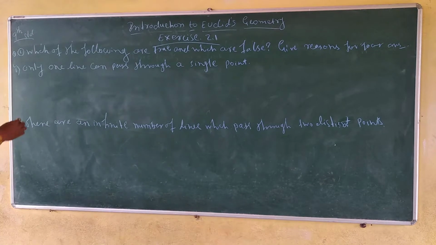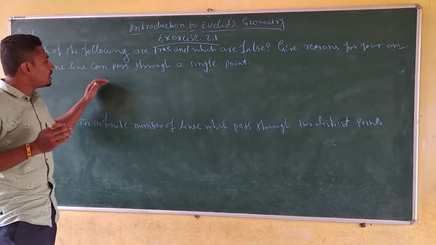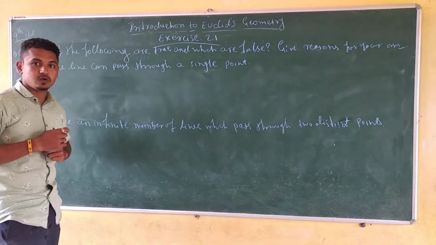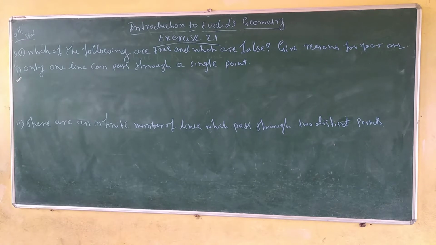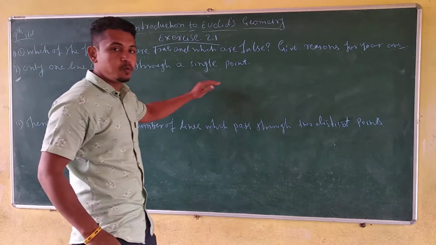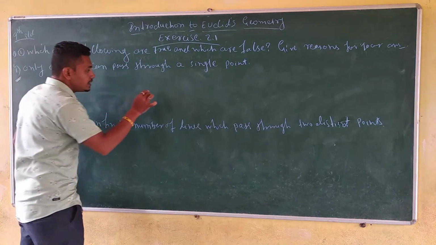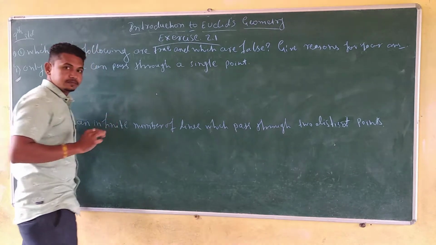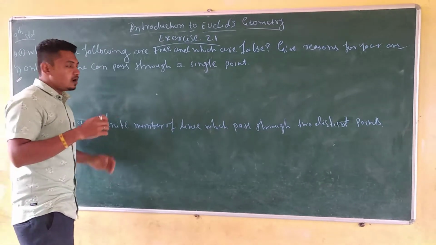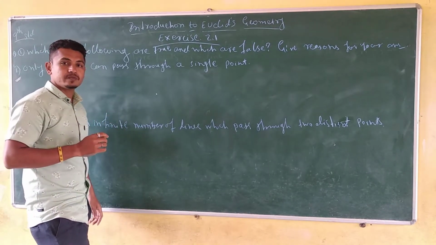The first statement is: only one line can pass through a single point. Now see here, it is one point. In that point, how many lines can be passed through?